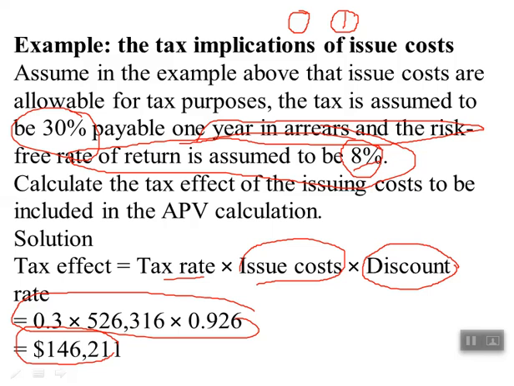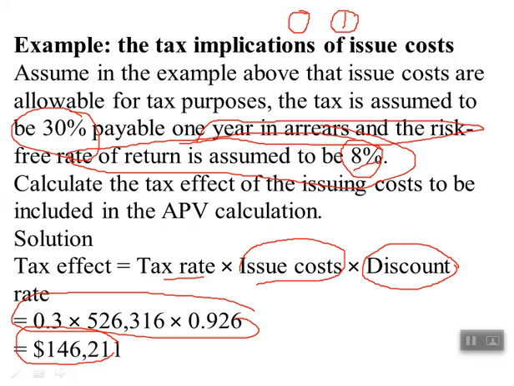Then we discount that tax saving using a cost of debt or using a risk-free rate, depending on the question that we have been given. Then the last part is to get the adjusted present value, which we said you are getting the net present value of an ungeared business plus the present value of the debt tax shield that you calculated in step 2.